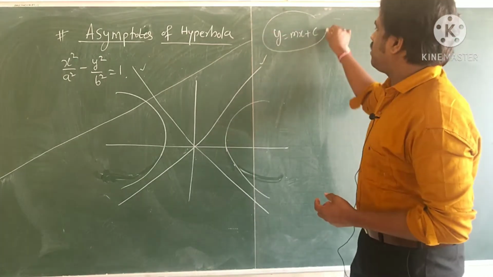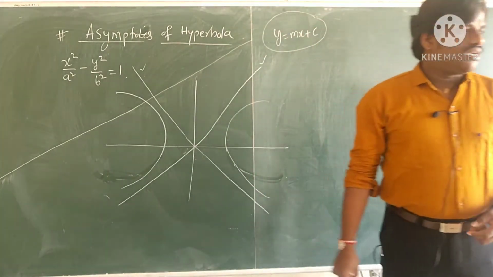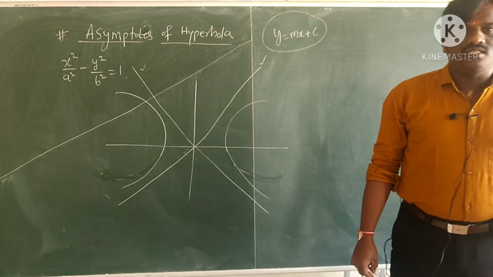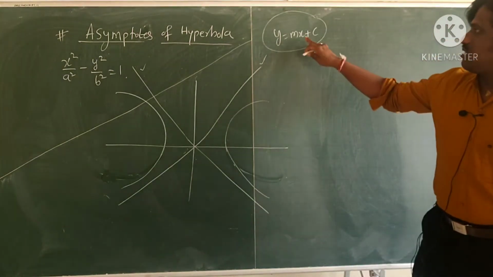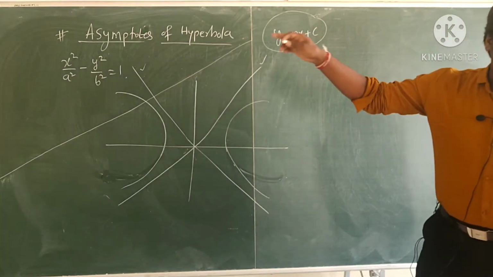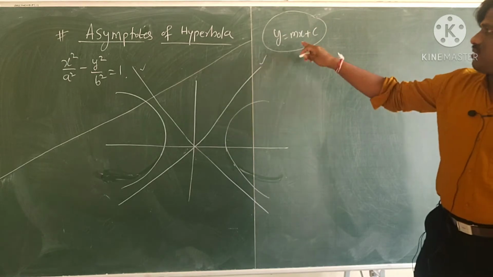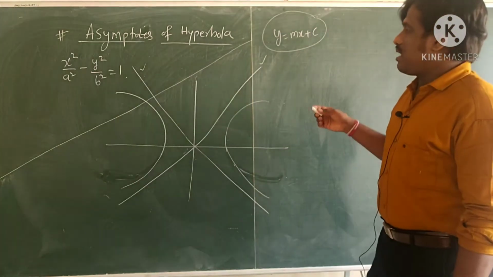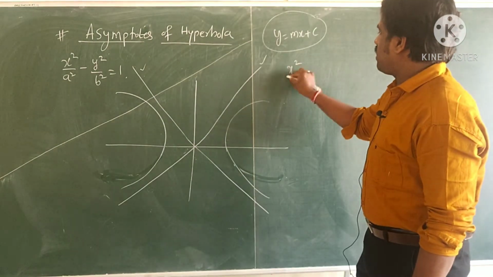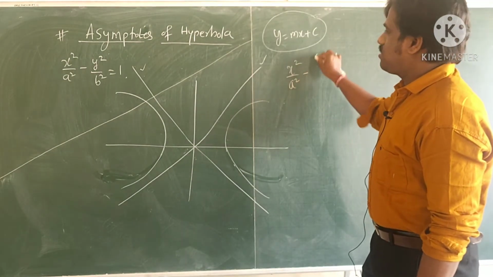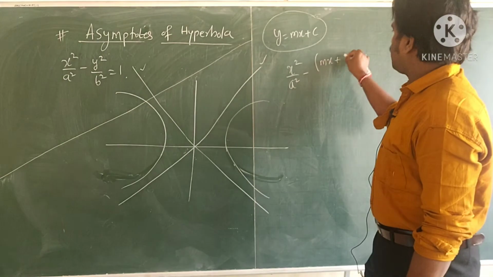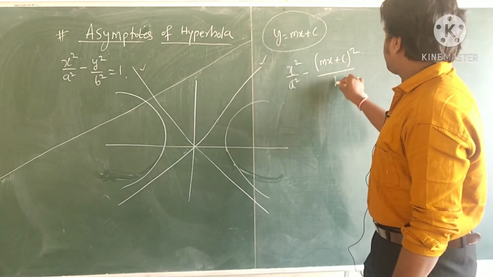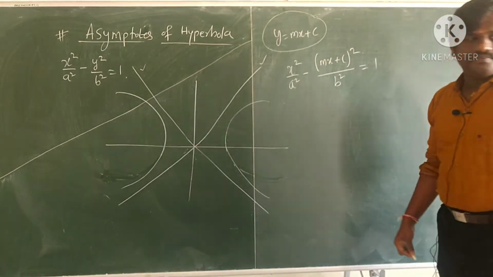Now I am going to derive the asymptotes. Let us consider y is equal to mx plus c is the line. So in the place of y I will substitute mx plus c. If I substitute mx plus c in the place of y, I get x square by a square minus (mx plus c) whole square by b square is equal to 1.